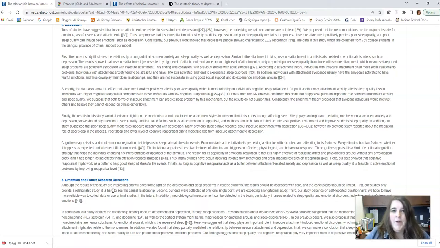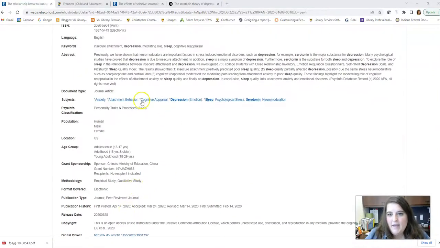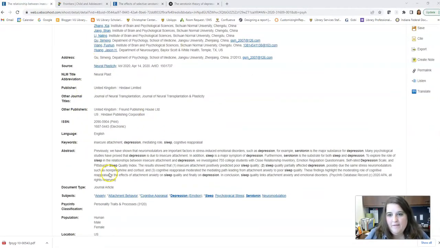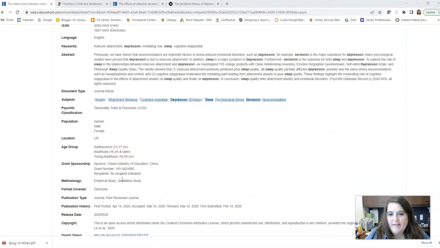So that's how I know that it is an original or primary research study. Another thing that you might see is in the metadata of the article, you can often see it classified as an empirical study. So if you see that, that's another indicator that it's most likely primary research.